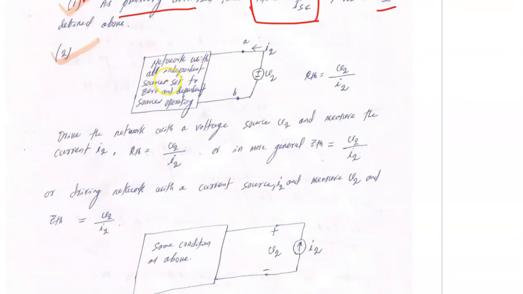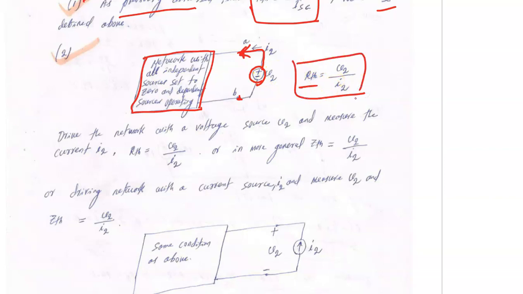Or, in the network, you reduce all the independent sources to 0, replacing their internal impedance, drive the terminal with a voltage source and measure the current going to the network. So RTH will be V2 upon I2.